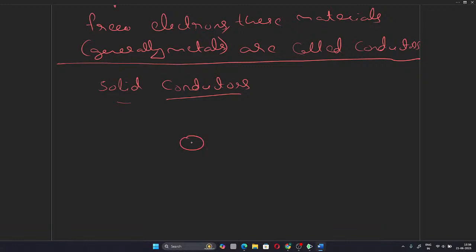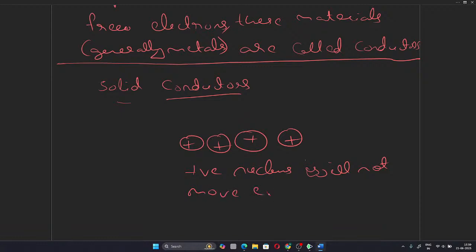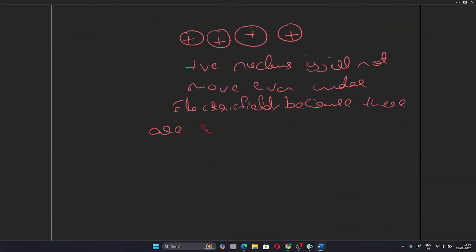In solid conductors, the atoms are tightly bound together, or we can say that the positive nucleus will not move even under electric field because there are strong attraction forces between the metal nucleus.